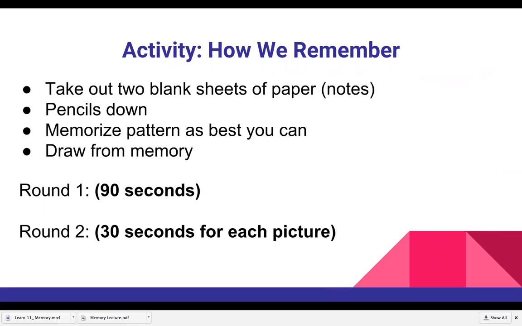This was really interesting because the second round, I broke up the first drawing into 4 smaller pieces. I hung each one up for 30 seconds, and students observed the picture, and then they were given 30 seconds to draw the picture from memory. And we did this 4 times in round 2.